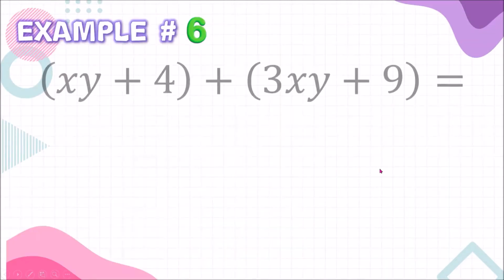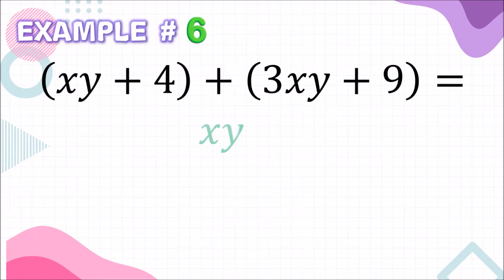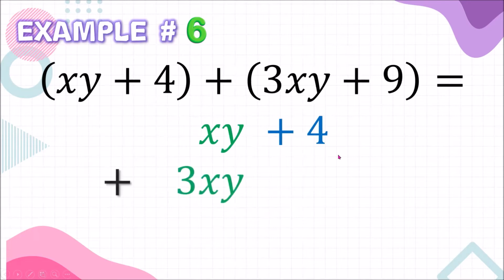Example number 6. We have the quantity xy plus 4 plus the quantity 3xy plus 9. So combine similar terms, xy plus 4 and then 3xy plus 9. We combine the terms with the same variables, which is xy, and then we have here the constants.